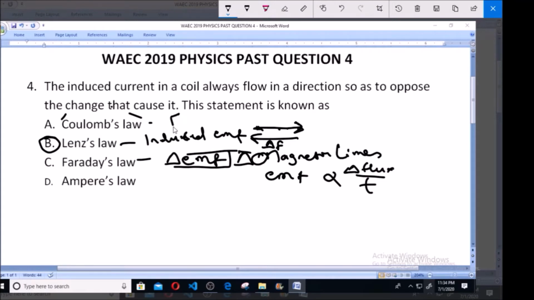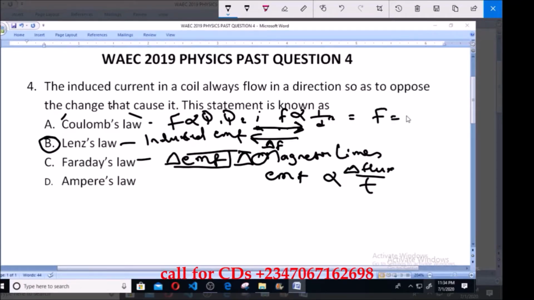So the electrical force is directly proportional to the charged objects and inversely proportional to the square of the distance between them. Combining it, you have F equals K Q1 Q2 all over d squared. So that is Coulomb's law.